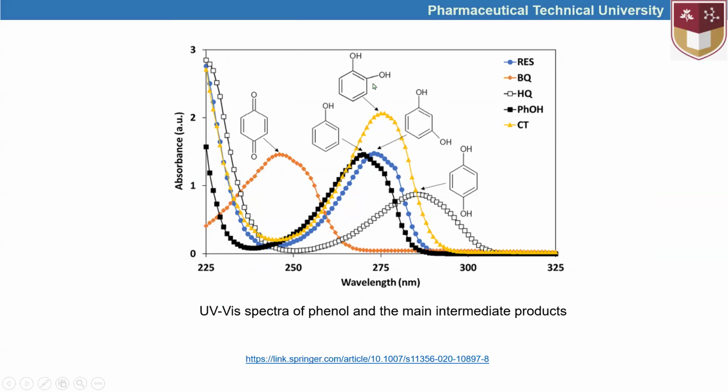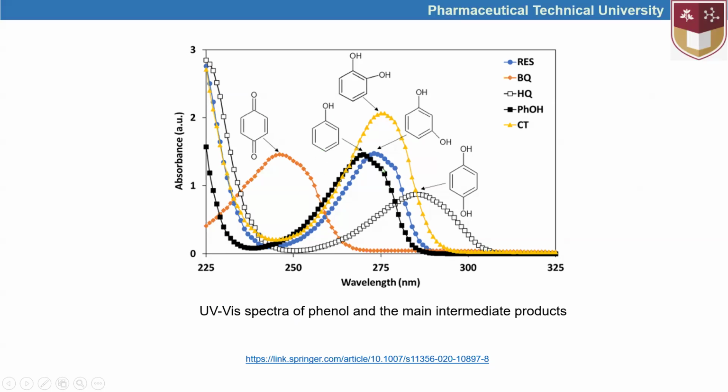Okay, next. This is another example showing that the addition of a hydroxyl group, based on its position, might change the UV absorbance. This is the UV absorbance of phenol.